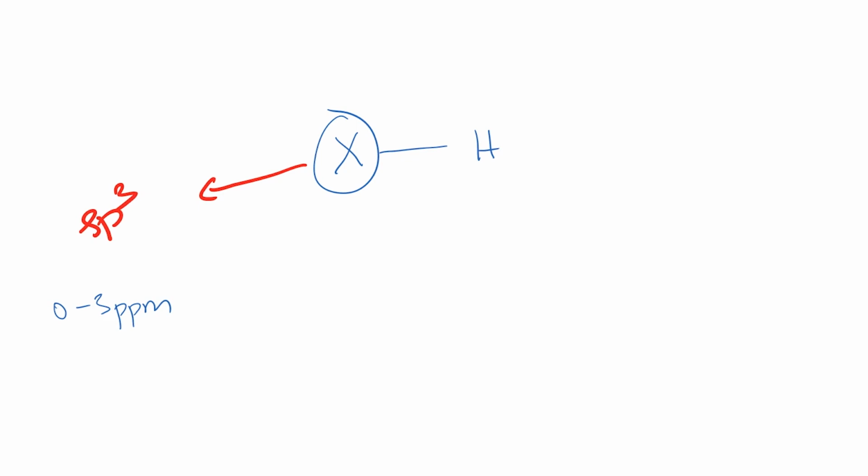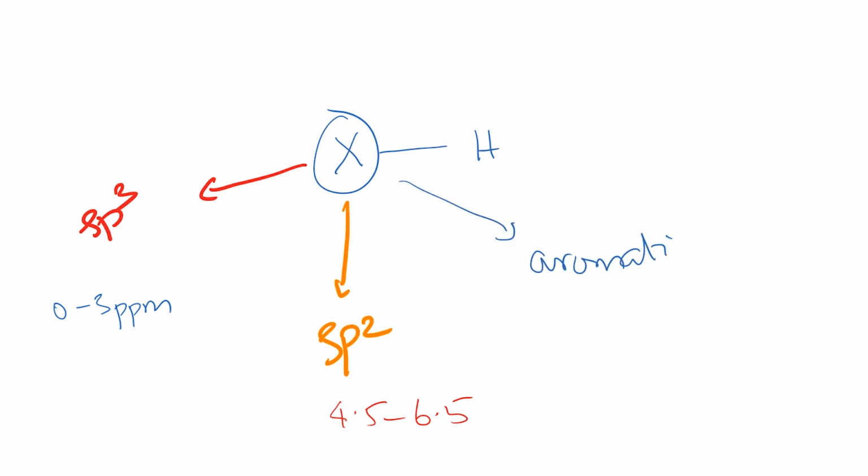Now, if the X is sp2 hybridized, such as an olefin, I am talking about a carbon-carbon bond, then it is going to be around 4.5 to 6.5. Okay. And now, if it is aromatic, that is, attached to a benzene ring, then it shows up between 6.5 and 8.5.